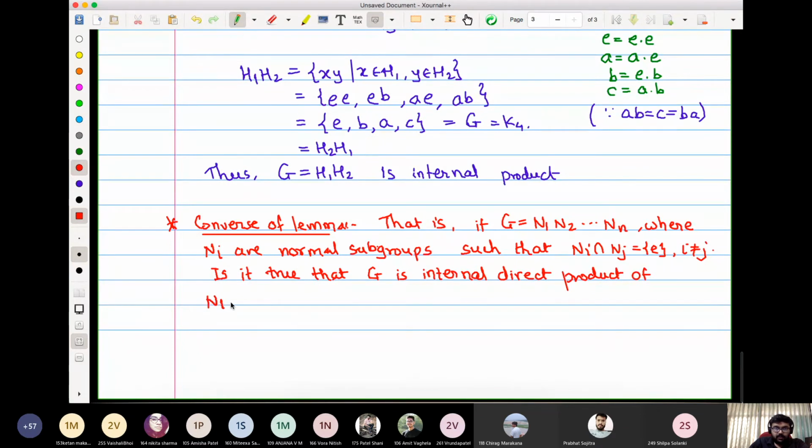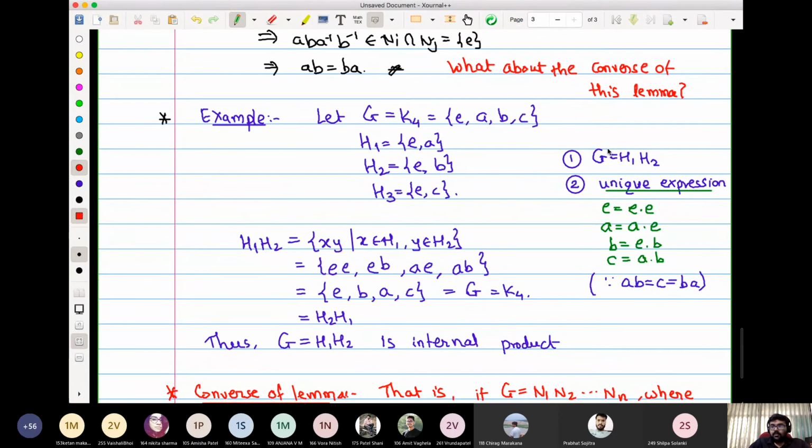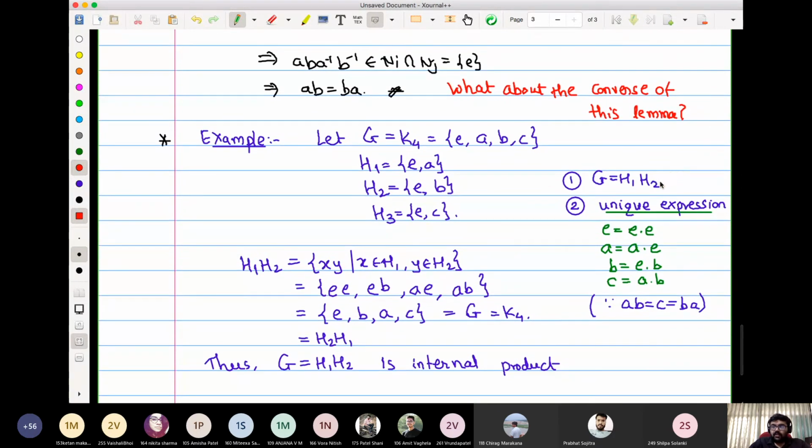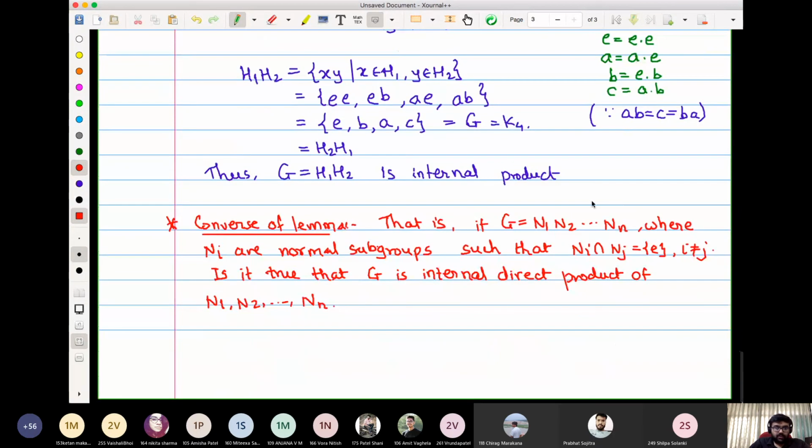Normal subgroups are also given, so they are normal subgroups. The first condition is already satisfied. The second condition, unique expression, you have to check.